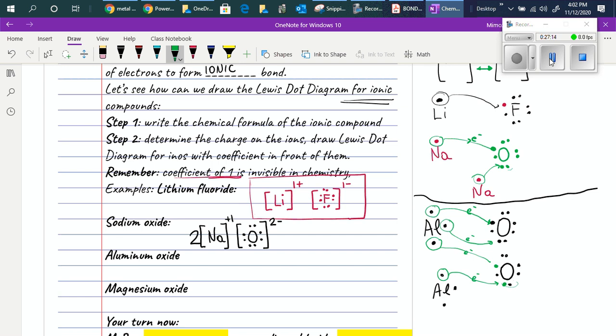So we have oxygen, both oxygens have a valence shell completed, but we have 2 electrons of aluminum that are not completed.